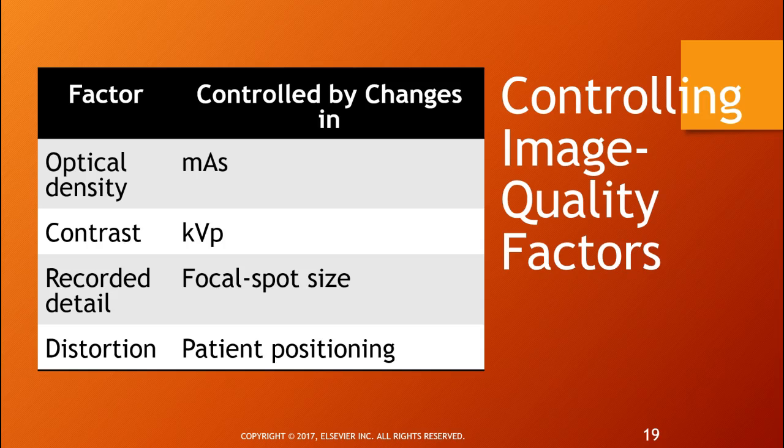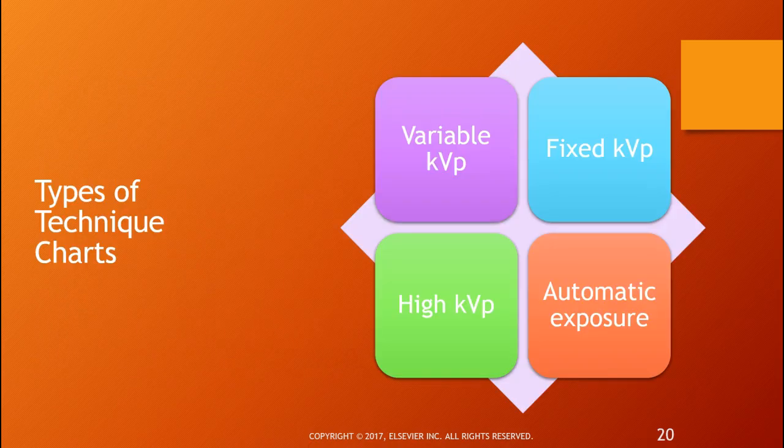Recorded detail is controlled by your focal spot size, your small focal spot and your large focal spot size. Small, for instance, is what we use for extremity work because it shows more detail. And I'm going to go over a couple things about resolution here in a moment. And then for distortion, that's controlled by your patient positioning. Okay, very important to know this table.